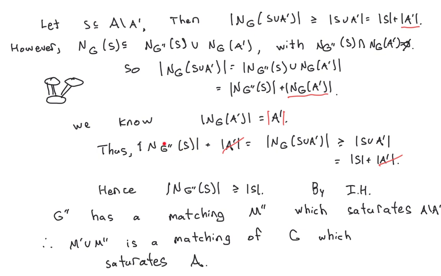We see that the size of the neighborhood of S in G double prime is at least the size of S. In other words, Hall's marriage condition holds for the graph on the right, which means that by the induction hypothesis, we can create a matching M double prime. And now, as said before, you glue the two matchings together and you get a matching of G which saturates A. That concludes the proof.